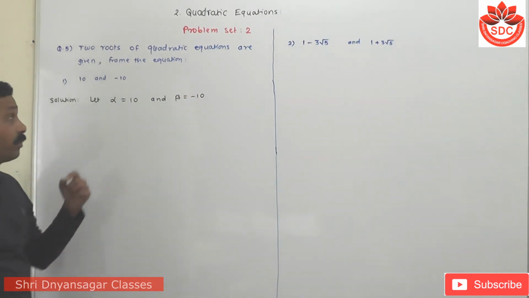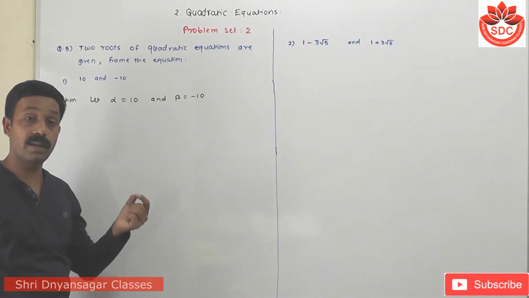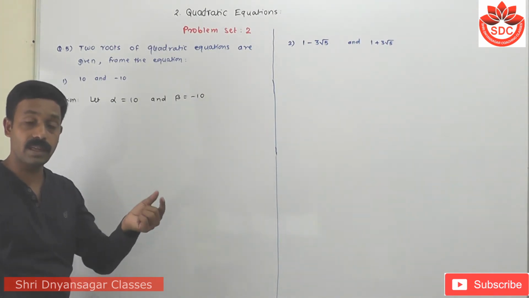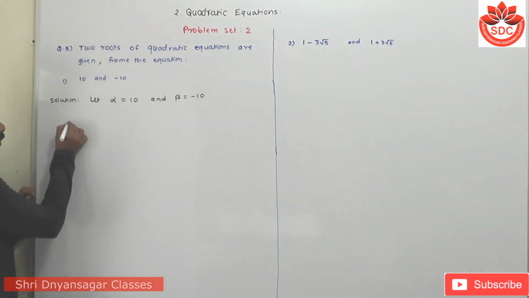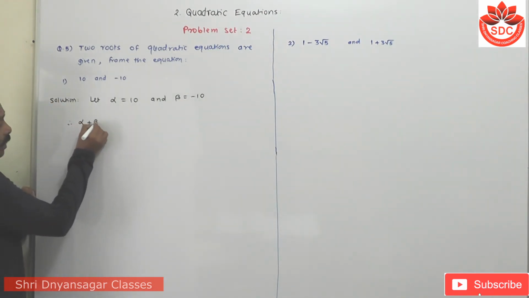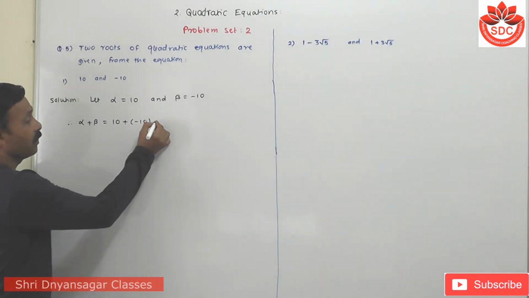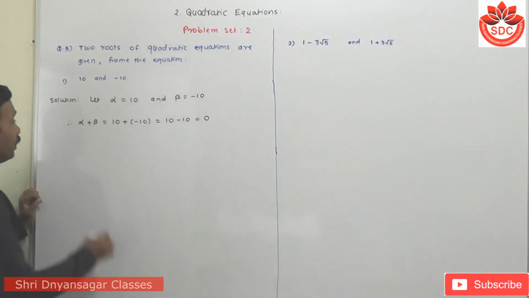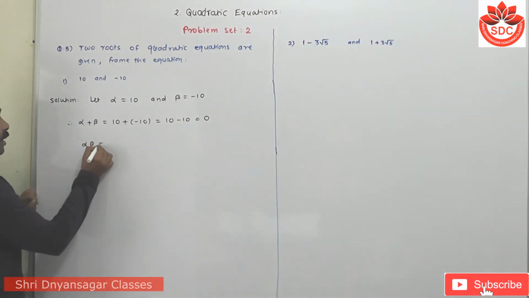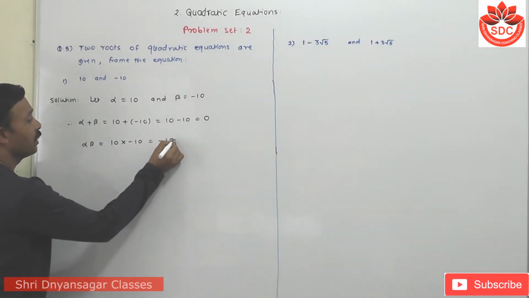To frame the equation, we use the formula x square minus the addition of the roots into x plus the product of the roots is equal to 0. For this I first have to find the value of alpha plus beta, which is 10 plus -10, which is 10 minus 10, which is how much? 0.